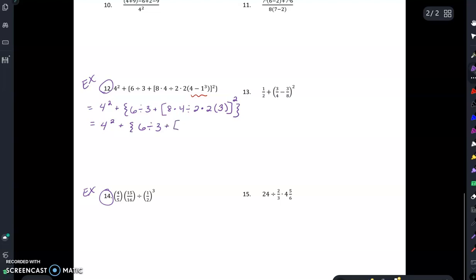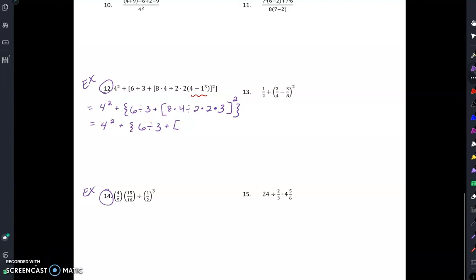Then I'm going to work inside here. So I have a lot going on. One thing to note, again, don't jump to the parentheses there. That's just going to really mean I can actually just rewrite that as times 3. Might look a little bit better, and you'll be less likely to make an error with that.